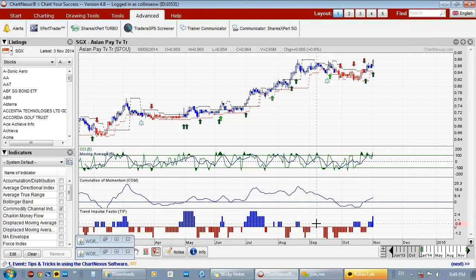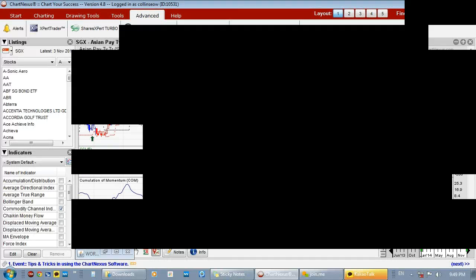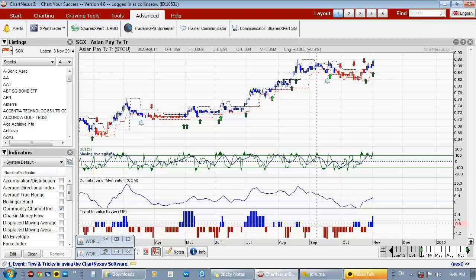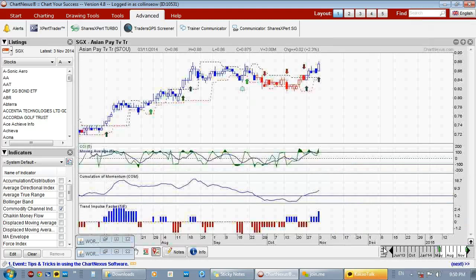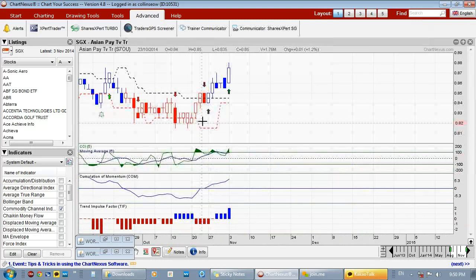We have Asia Pay TV. This will be the first signal after the correction. This is the second signal after the correction. The first signal, which is over here, there is an arrow, there is a break of resistance, but there is no trend impulse.